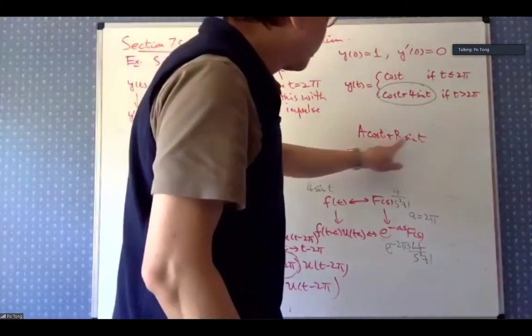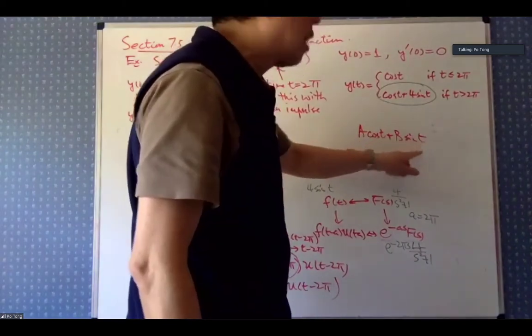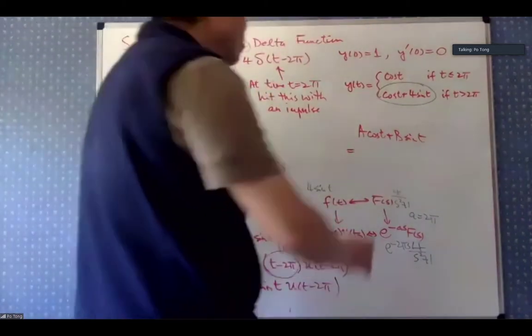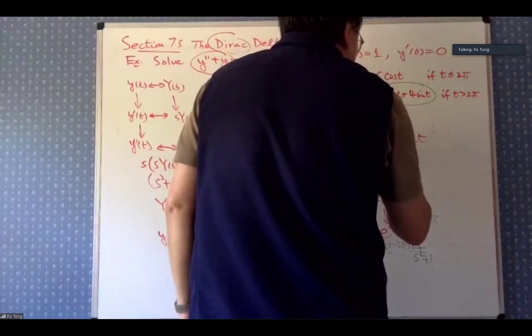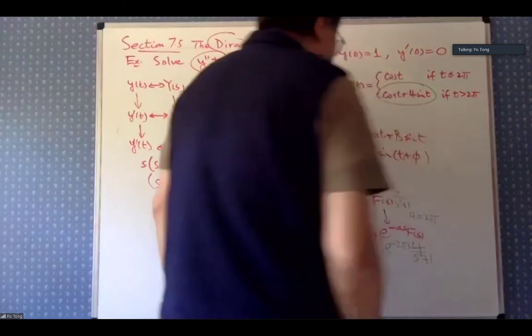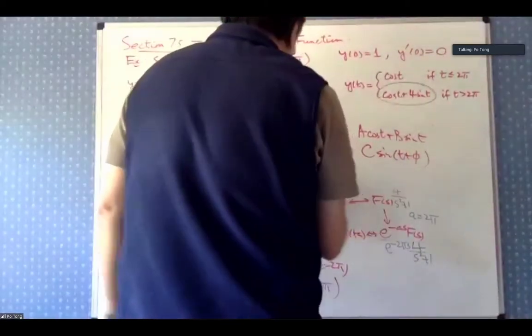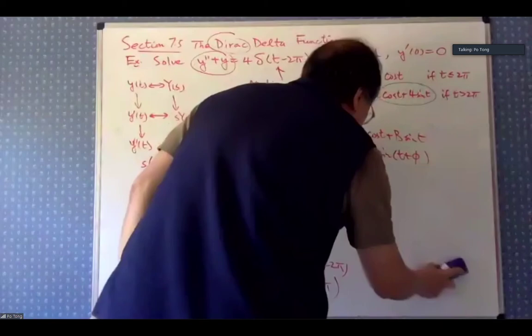As long as they have the same frequency, this can be cosine 5t, as long as the other one is also 5t, it will work. So this one is some constant c times sine of t plus some angle. And you can figure out what the angle is and what the amplitude is.